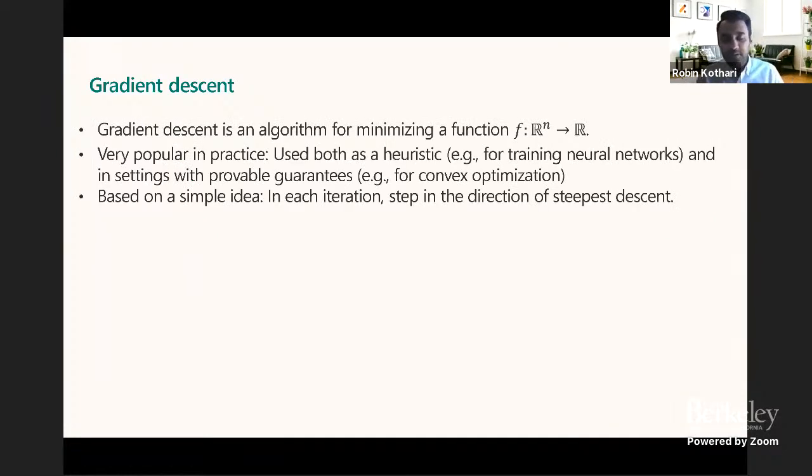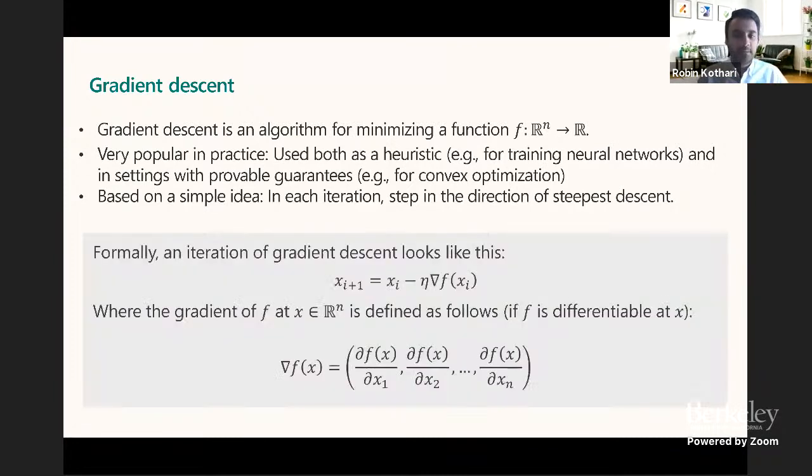That was a one variable example, but in the multivariable case, you compute the gradient at a point and take one step in the negative direction of the gradient. Formally, this is what the algorithm's iteration step looks like. If you're at point xi, you compute the gradient at point xi and take a small step in the direction of minus the gradient, and the step size is eta.